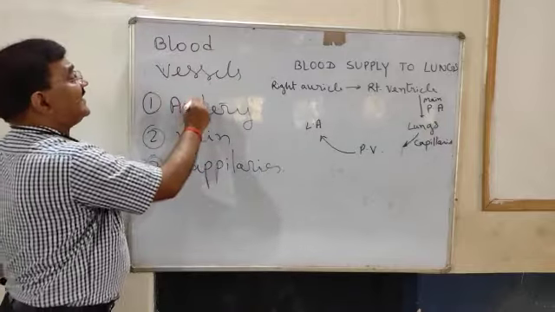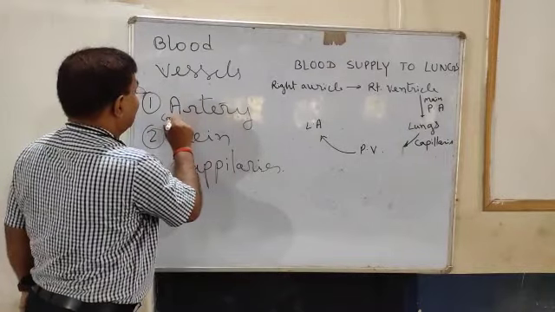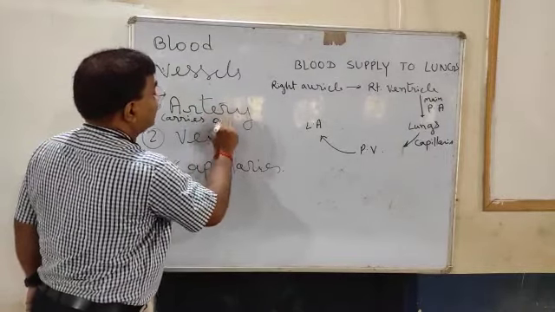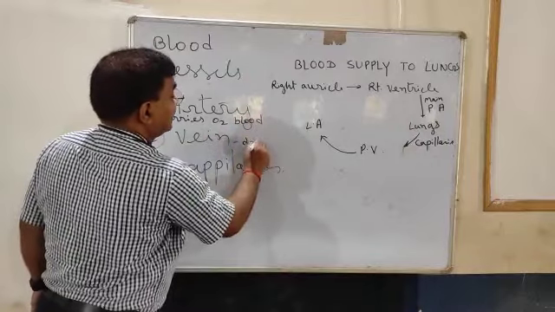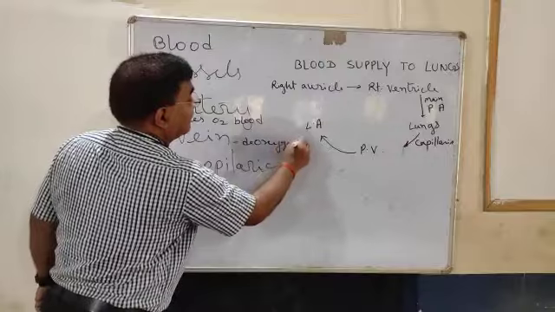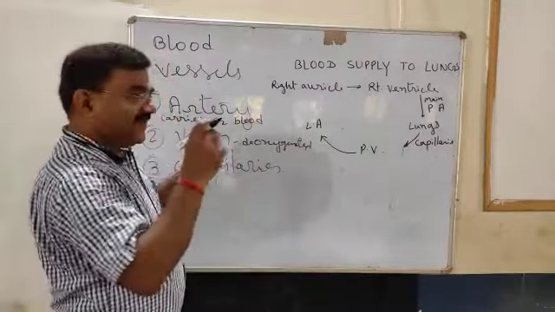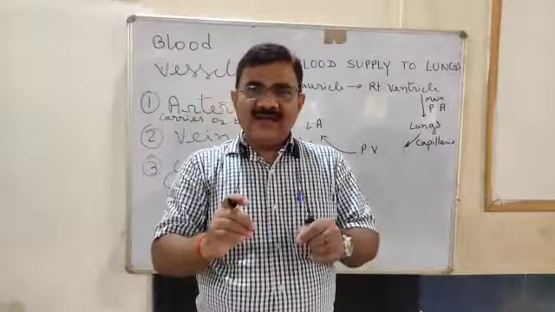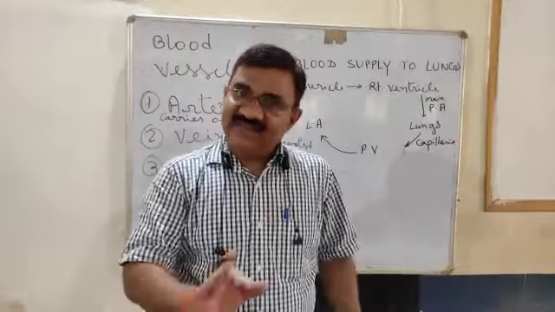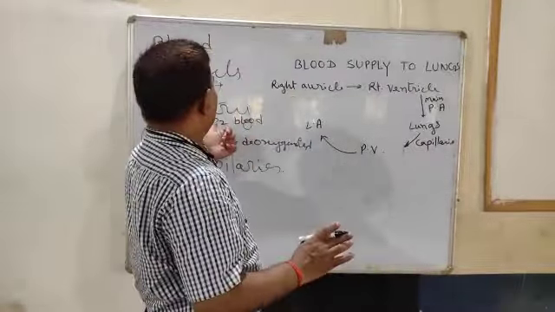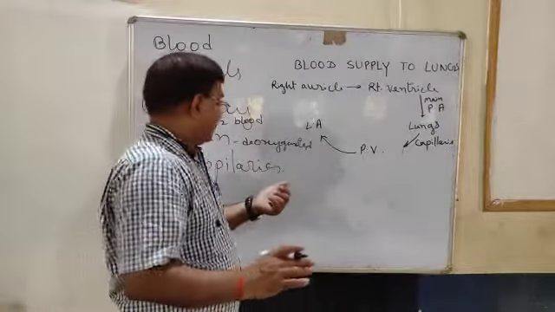Artery carries oxygenated blood. Veins carry deoxygenated blood.